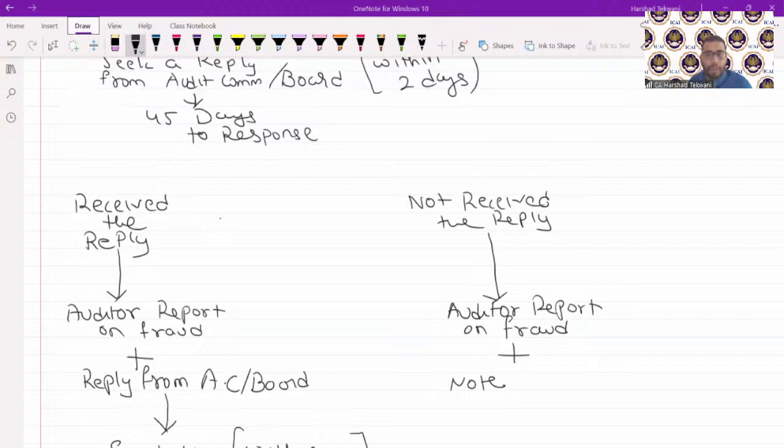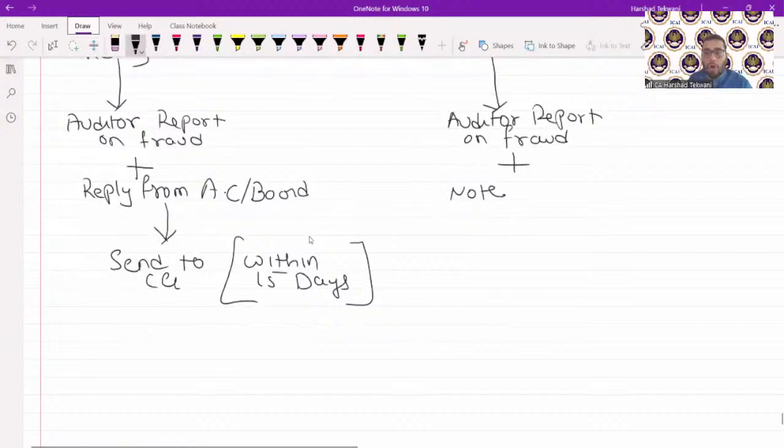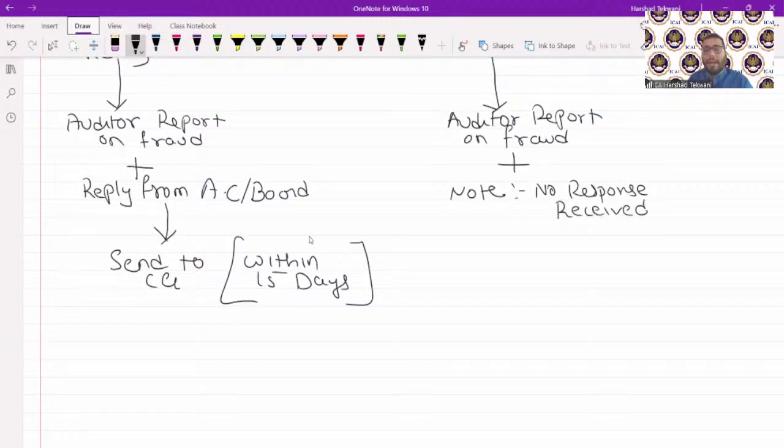His report was earlier forwarded to the board of directors or audit committee, but we have not received any response. So a note on no response received. You need to provide that note plus the audit report and send it to the central government, again within 15 days. This is applicable to both cases. Clear?